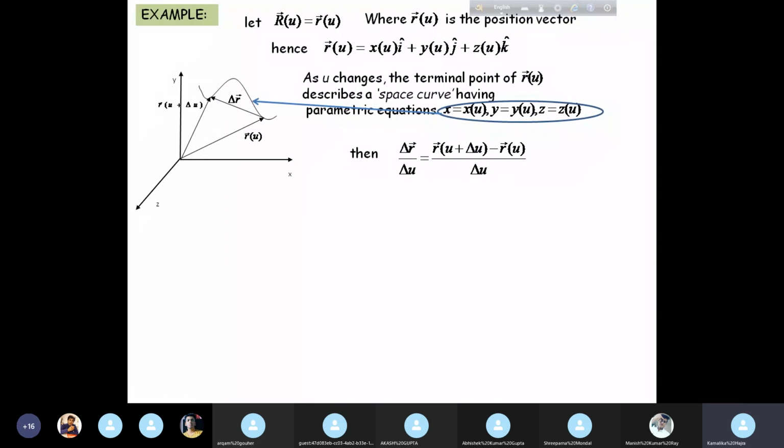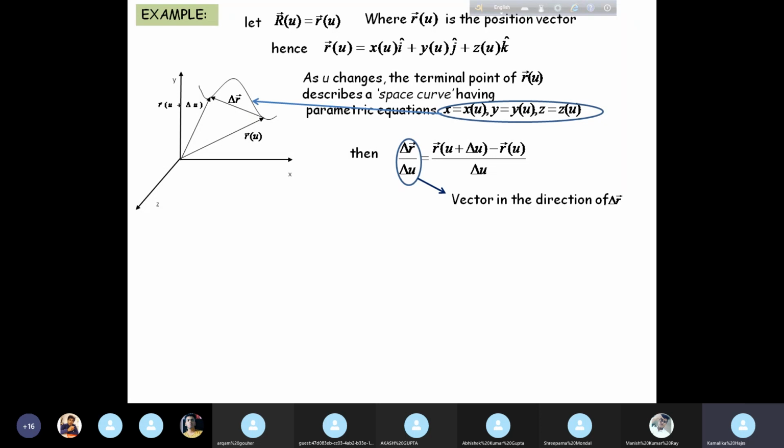Then delta r by delta u is equal to r at u plus delta u minus r at u, divided by delta u. So this vector delta r by delta u is a vector in the direction of delta r. Can someone tell me that if delta r tends to 0, then what is the direction of dr du?